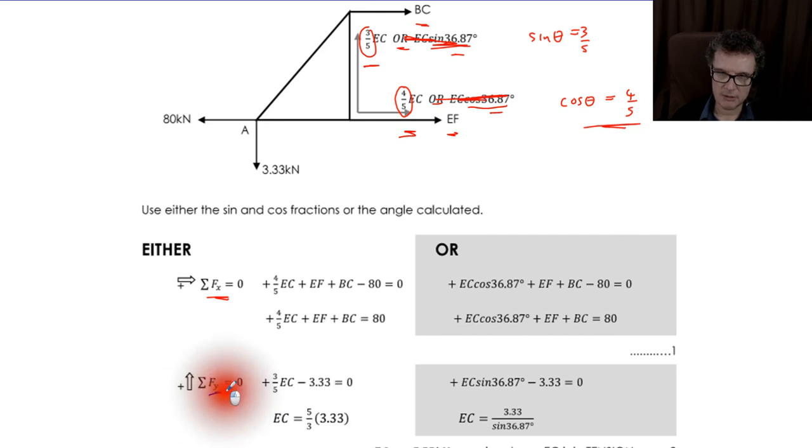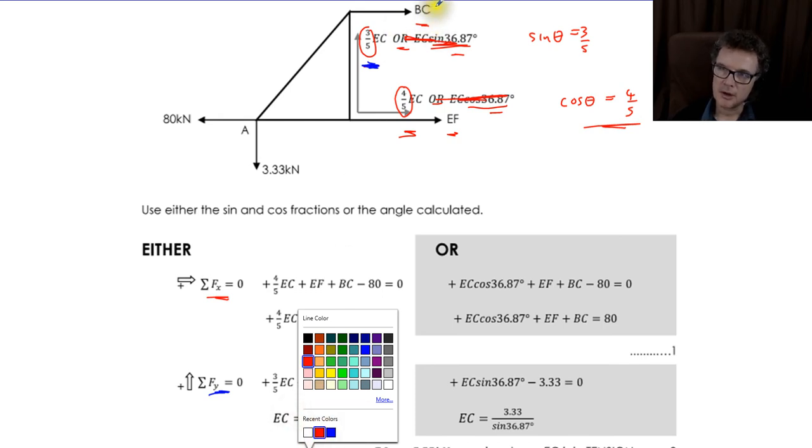So in the y direction, the only thing I can see is this 3/5 EC. So they are my unknowns. Let's go over that again.